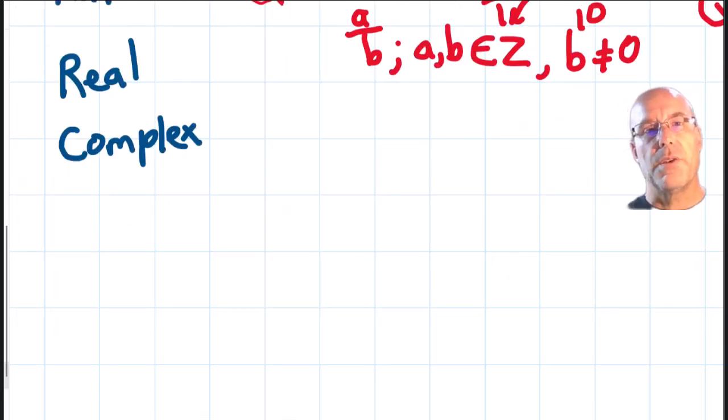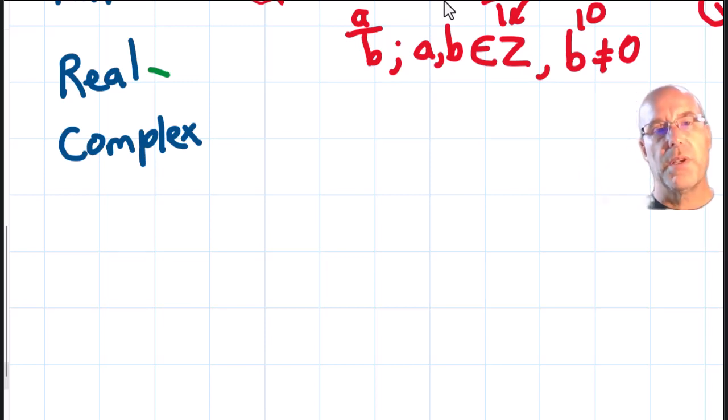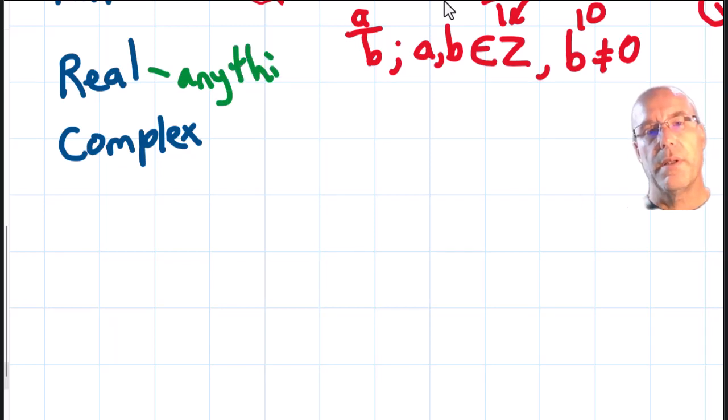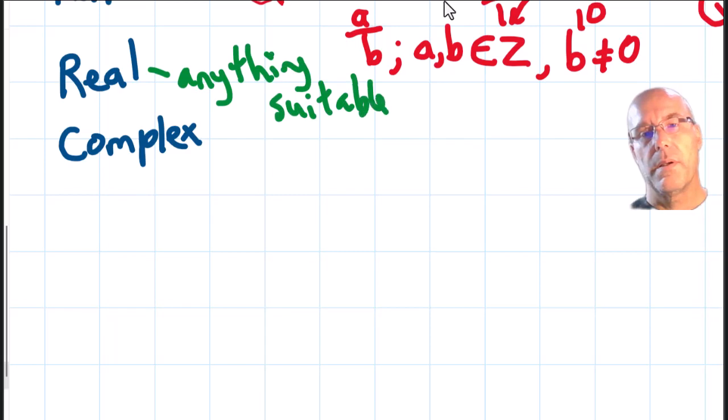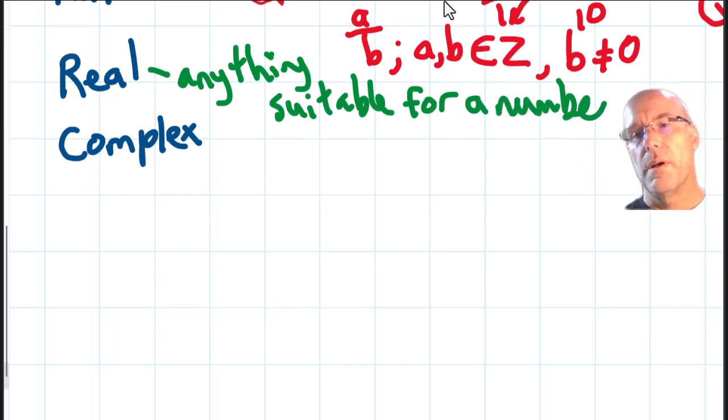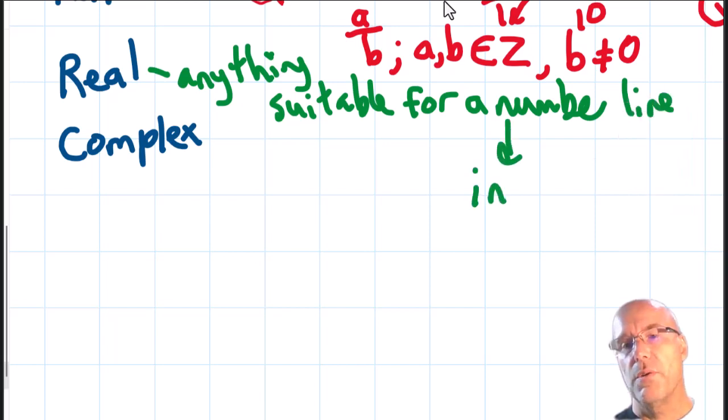Okay, so next is real numbers. So real numbers are anything that can be put on a number line, which you're thinking is probably everything you've ever come across so far. So it includes all of the ones we've mentioned.